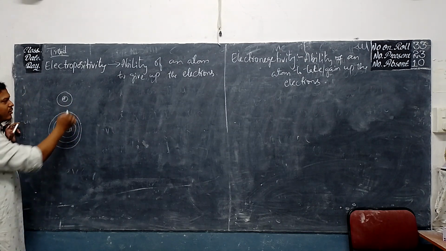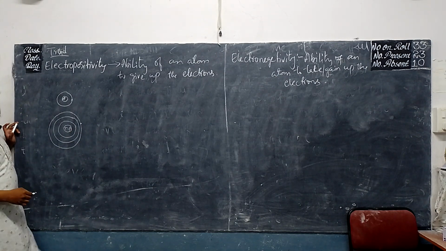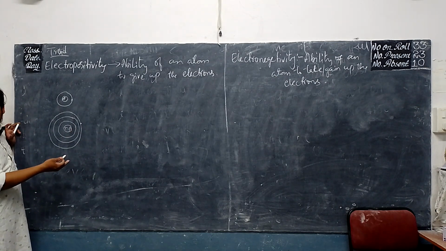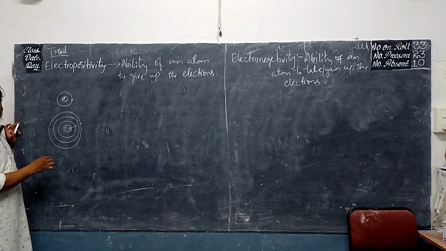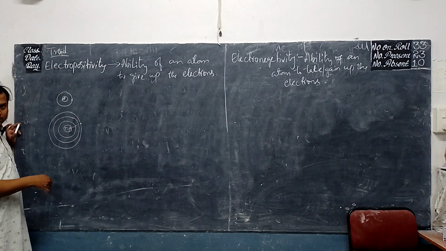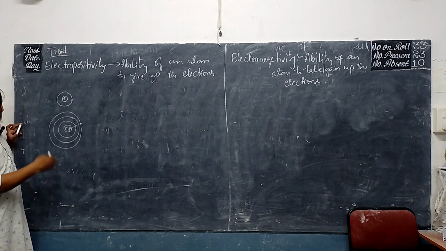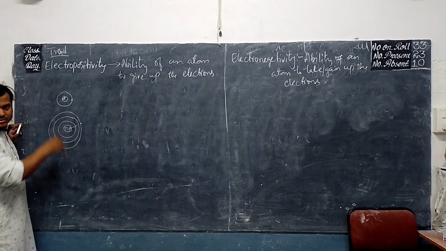Which atom will give up the electron readily? Smaller or larger? Larger, right? Because distance is more, and upon that there is a shielding effect. Are you getting it? Because of it, nuclear force of attraction decreases.